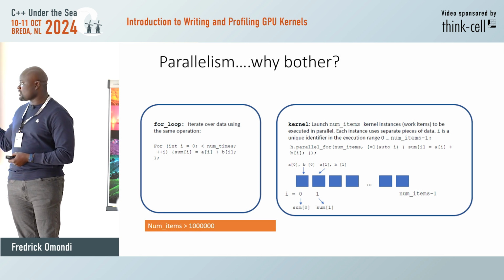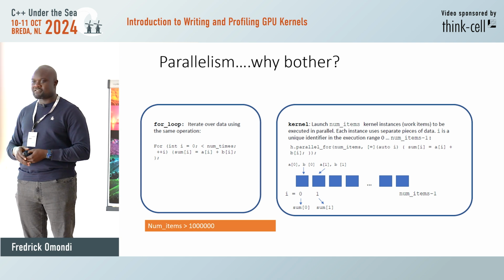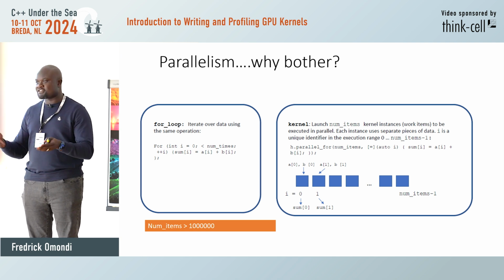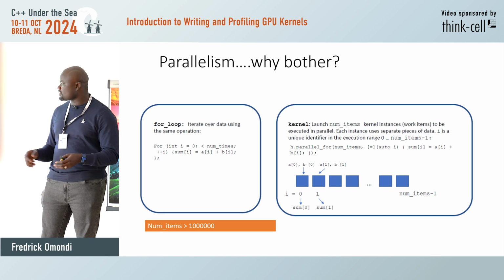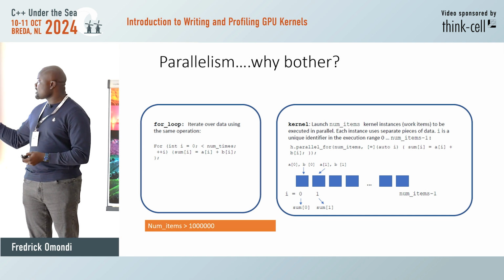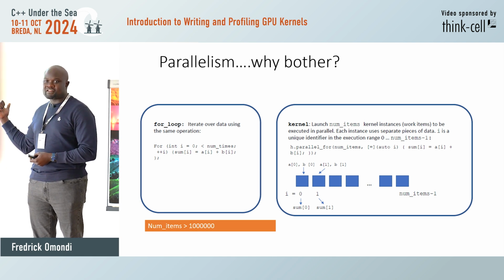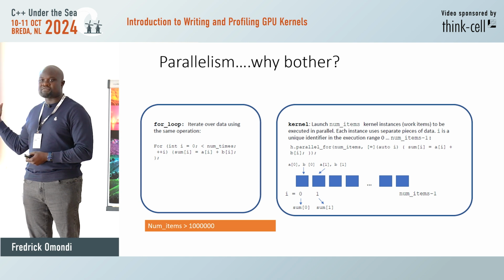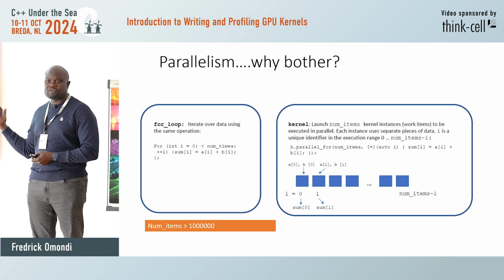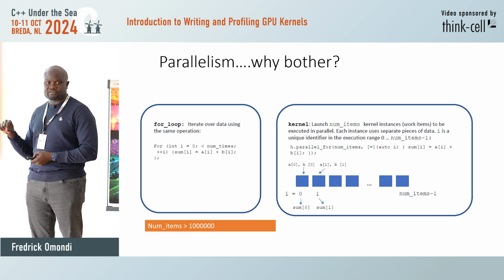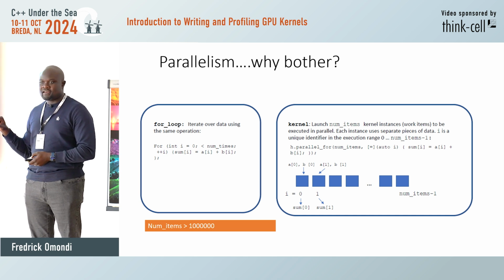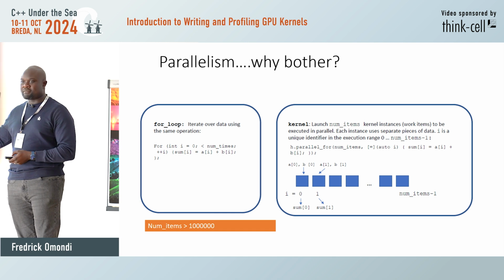We can try to use advanced vectorized instructions, for instance, like AVX512, try to pack the data and operate on it at a go. But then we cannot achieve this level of parallelism. And that's why the GPU comes in very handy when it comes to big data where you need to perform the same operation on different data elements. And we are talking about millions of elements in this case.